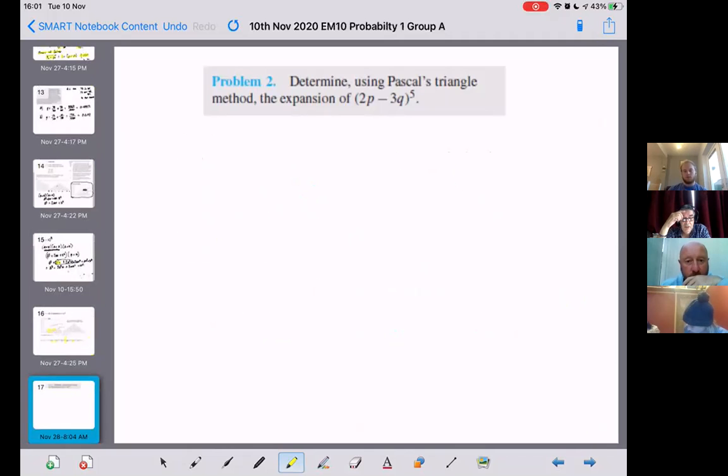Determine, using Pascal's triangle method, the expansion of 2p minus 3q to the power of 5. So how are we going to start that? Would be 2p and 3q at the top, won't it?